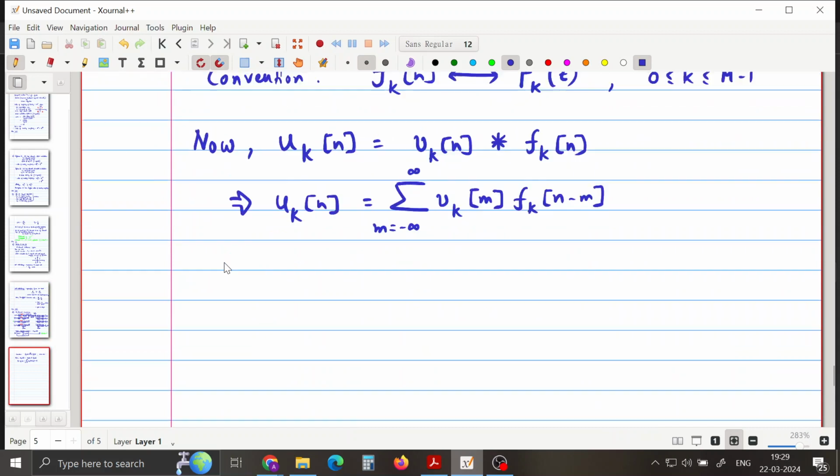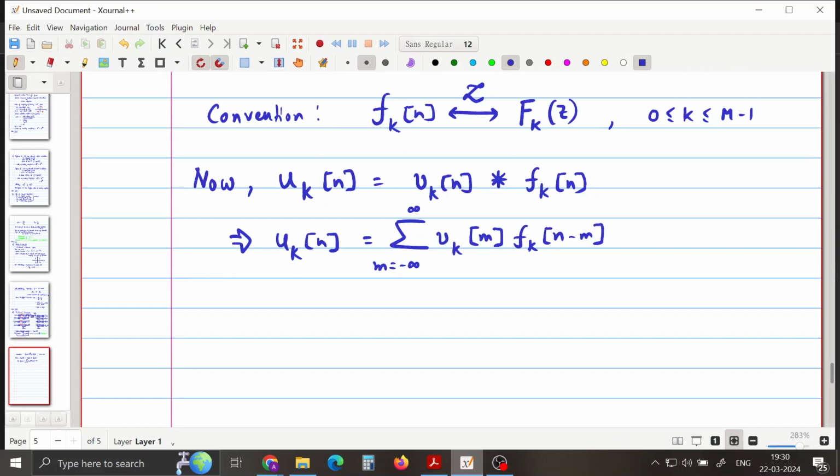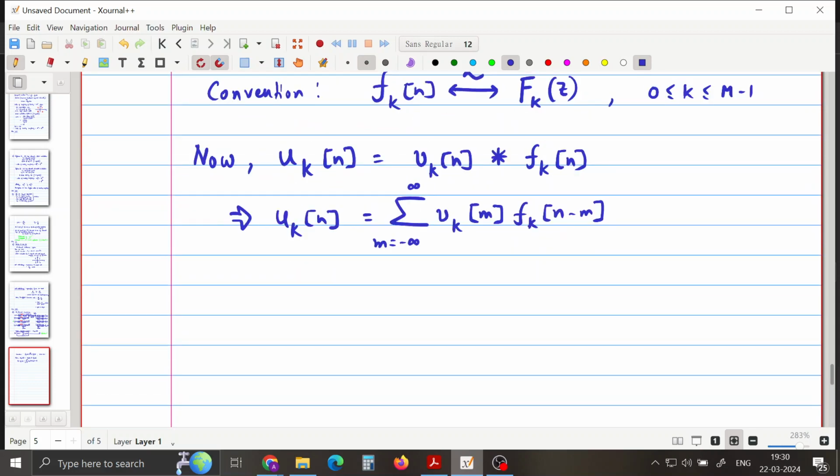So I'll write it down. The reason why I am gradually going from right to left is because I want to relate my x of n with the actual input, which is S0, S1, and so on. So this is the step where I am relating Vk of n with Sk of n, and then I will plug that into this formula of convolution, so that my Uk of n can be expressed in terms of Sk of n.